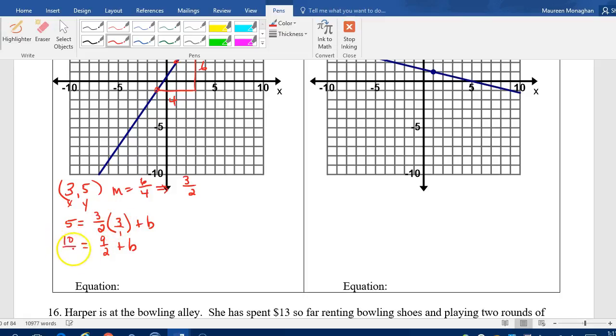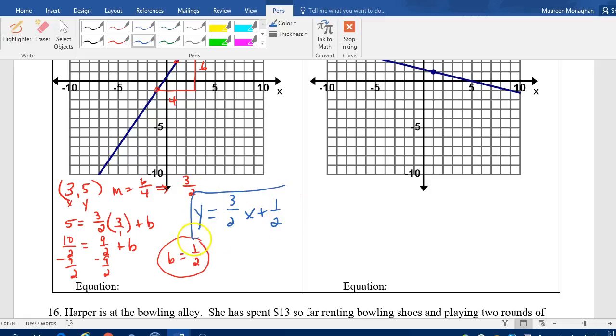And I'm just going to say this is 10/2, because 5 is the same as 10/2. So if I subtract 9/2 from 10/2, that's going to leave me with 1/2. There's my y-intercept, here's my slope. So my equation would be y equals 3/2 x plus 1/2. Ta-da! That's why you have to use algebra, because I don't know if that was 3/5.